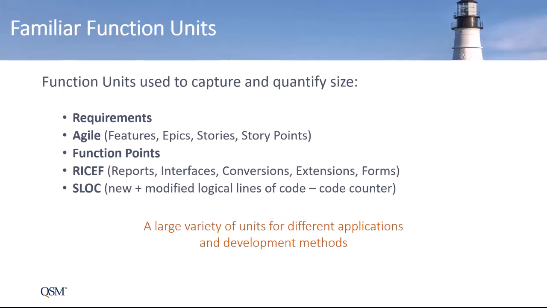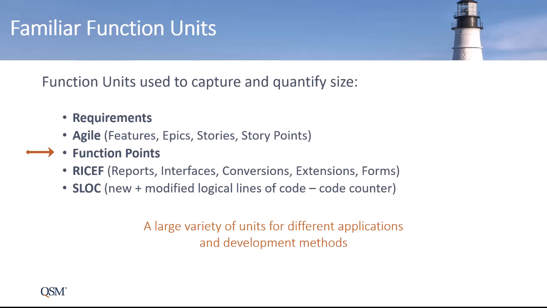You are probably familiar with these function units and have used one or more of them. Software project scope definition usually starts with a list of requirements. This is an abstract unit because people think of it differently and in varying levels of decomposition, but they are useful nonetheless. Agile development methods have greatly improved the use of software size metrics.